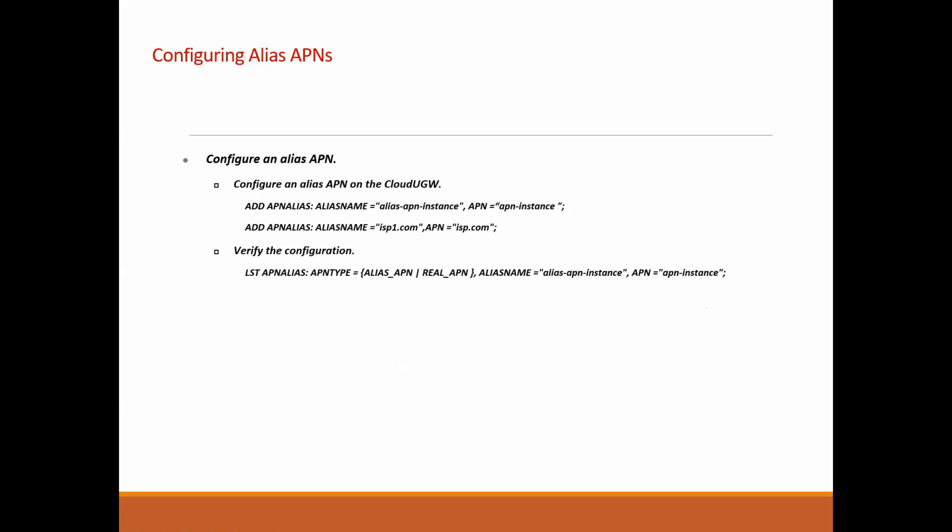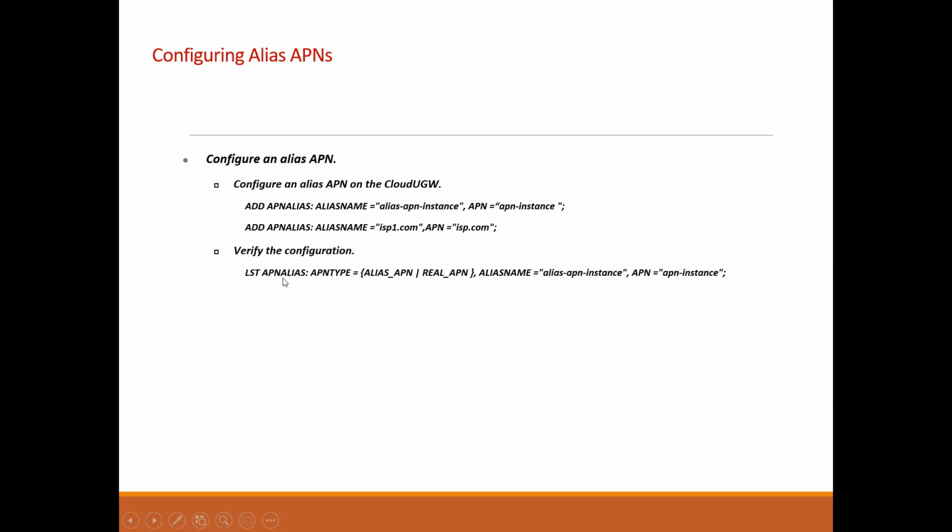How to create an alias APN? This is an example. Add APN alias. The alias APN name is this, and the actual APN is this. So the example is isp1.com and the actual APN is isp.com. And how to verify this: list APN alias, APN type.